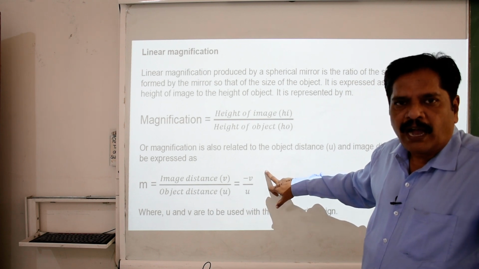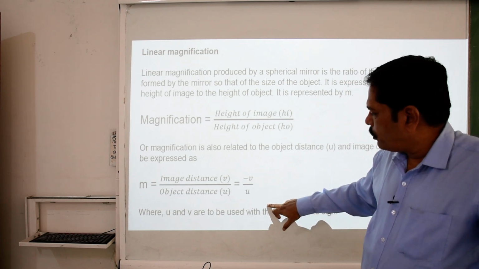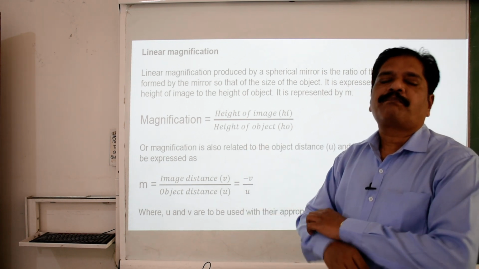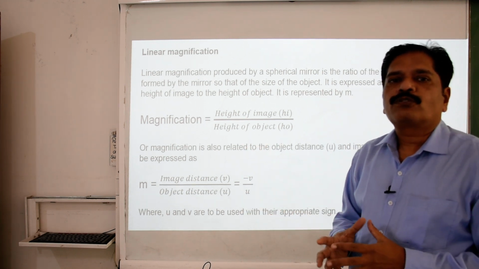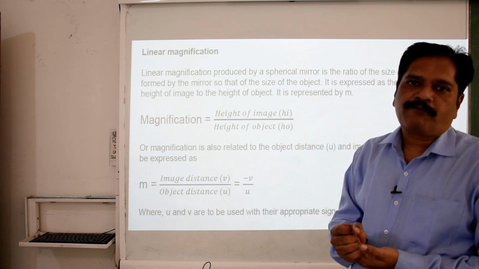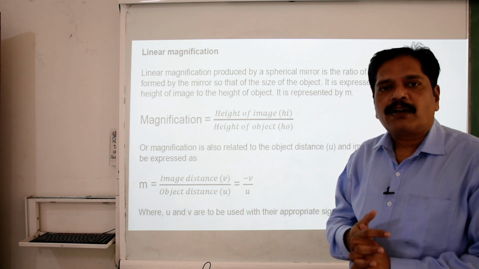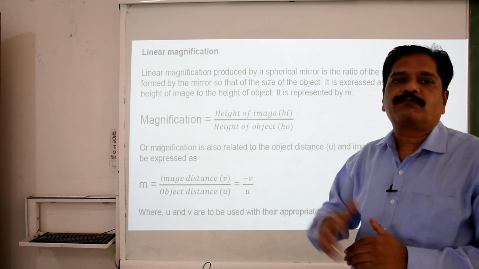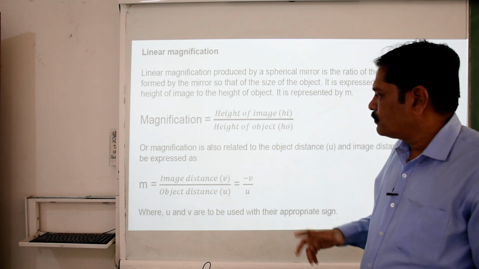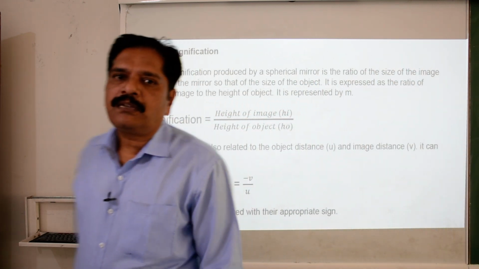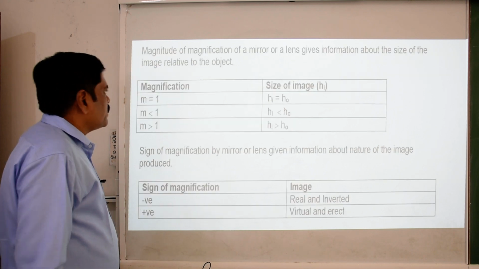What is hi? Height of the image and height of the object. So with these four values placed parallel to each other, if anyone is missing, then you can find it out. Okay, so remember this fact, it will be helpful to find out the value of any one of these which is not given in your question. So it will be easy to solve the related numerical problems.